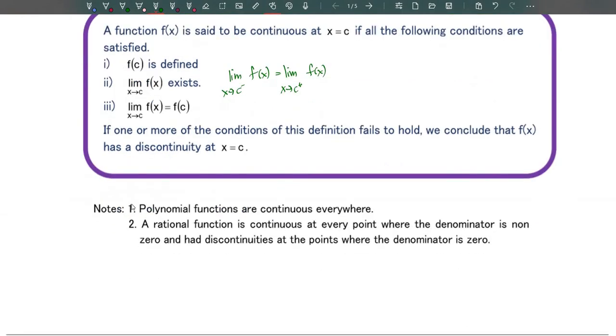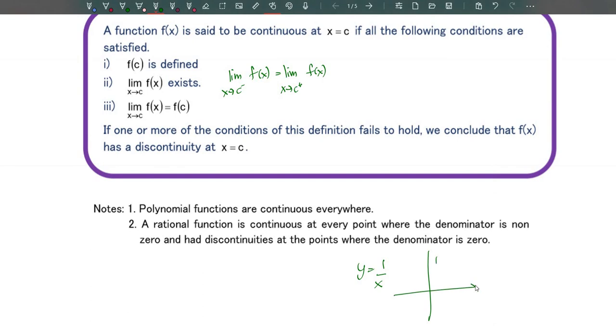Please note that any polynomial function is continuous everywhere, and any rational function is continuous at every point where the denominator is non-zero. It has discontinuities at the points where the denominator is 0. For example, as you can see, y equal to 1 over x.